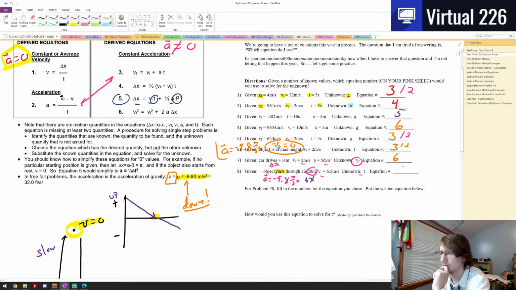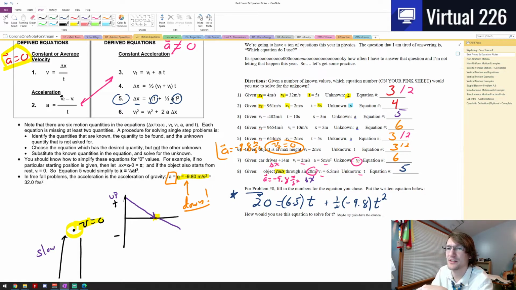Now, that's a little weird though, because if we fill in the values, we're going to have 20, and I'm going to put a star next to that 20 real quick, and that's going to equal the initial velocity, which we say here is 6.5 meters per second, times t plus 1/2 times negative 9.8 meters per second squared, times t squared.